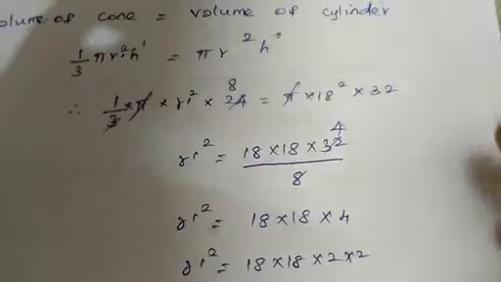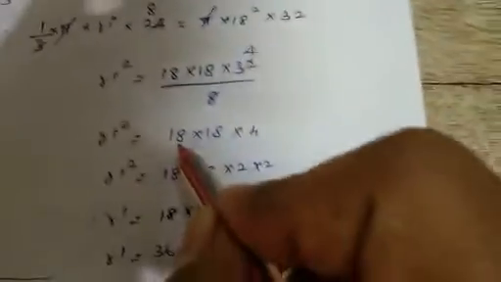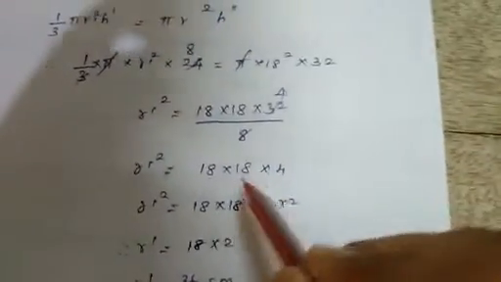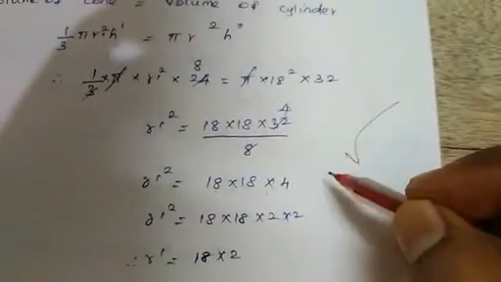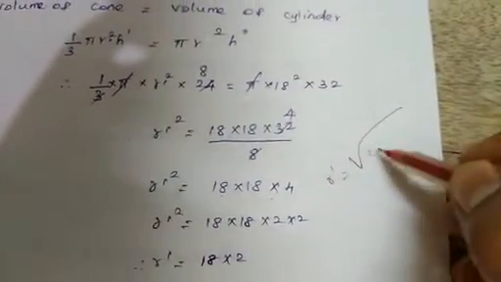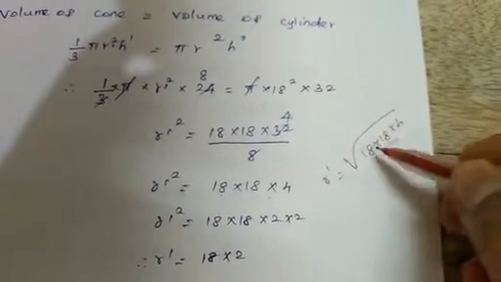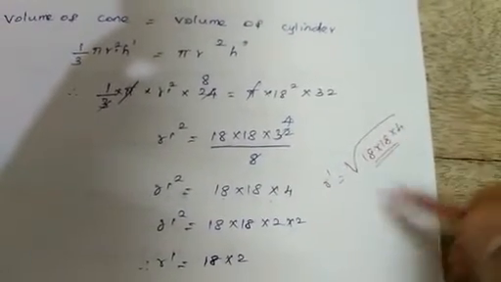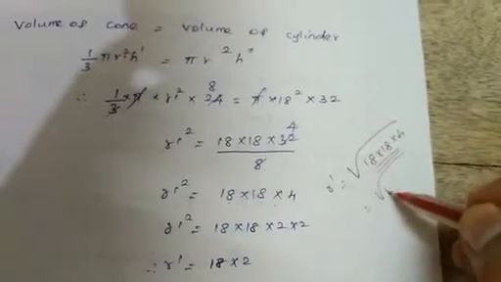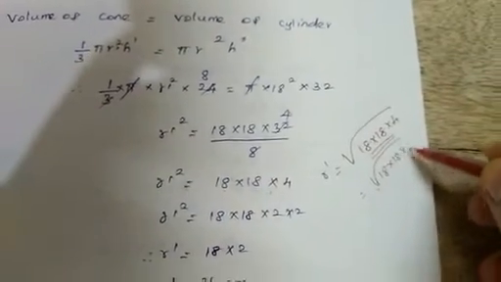So we already know how to find the square root of a certain value. Already 18 into 18 is given. If you are going to find the square root of this number, 18 into 18 into 4, 18 into 18 we can take outside. Since 4 is given, we can write it as 2 into 2.